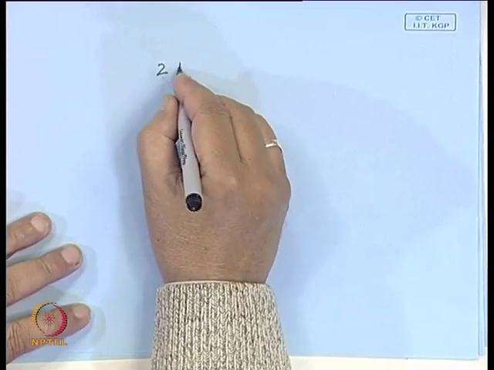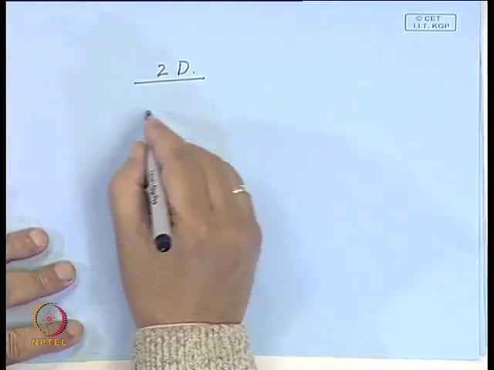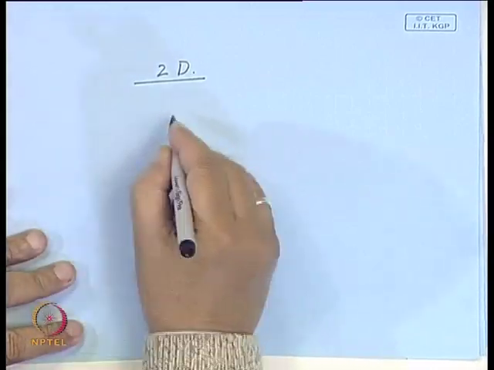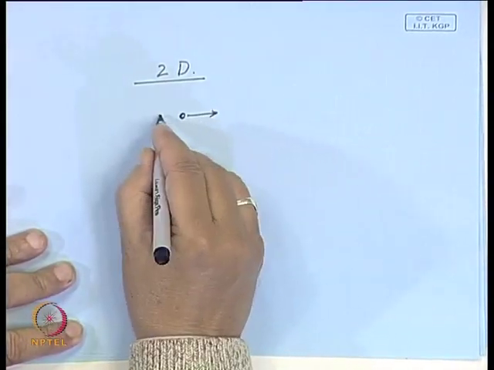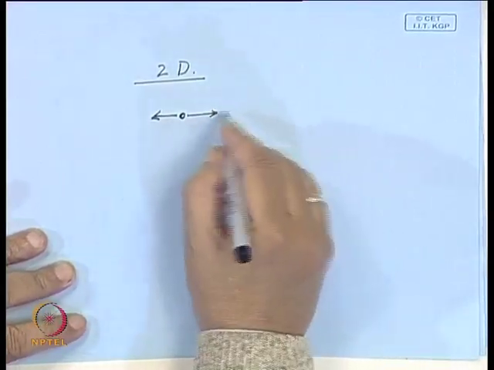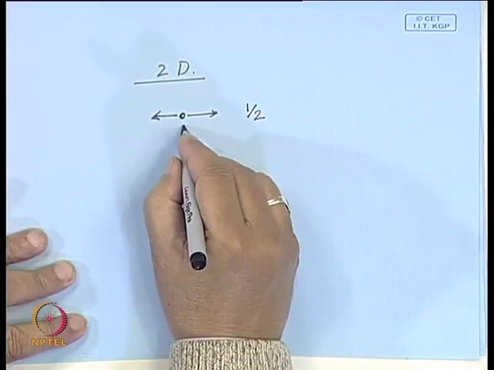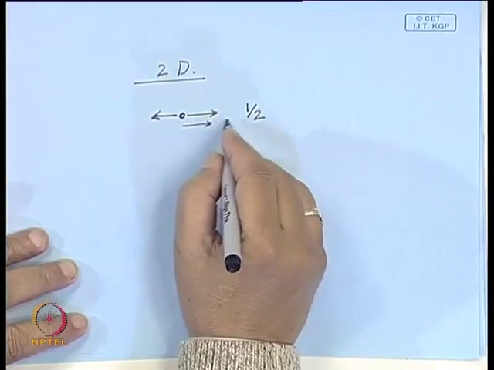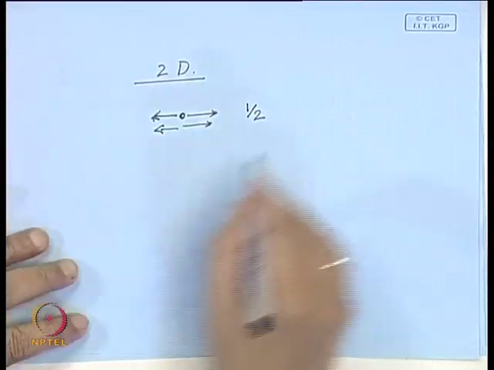and maybe try and simulate this random walk process for a 2D case. Now, in 1D we have seen that a point is here, and it can go one step this side or one step this side only. So, the probability of moving in this direction is half, or the probability of going to this position is half.